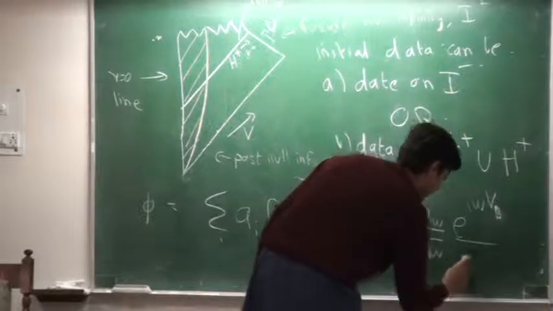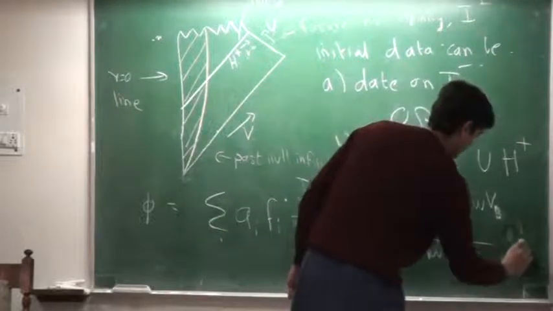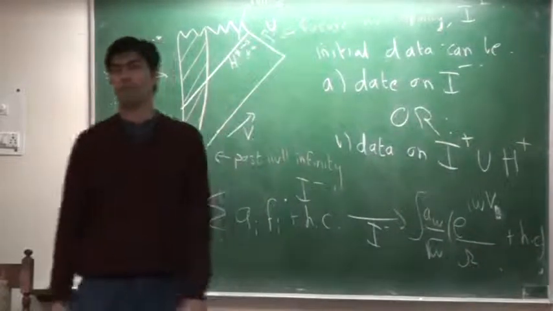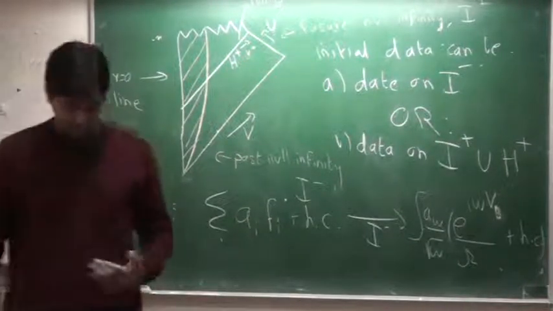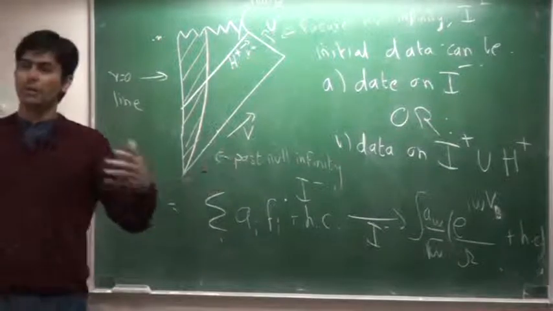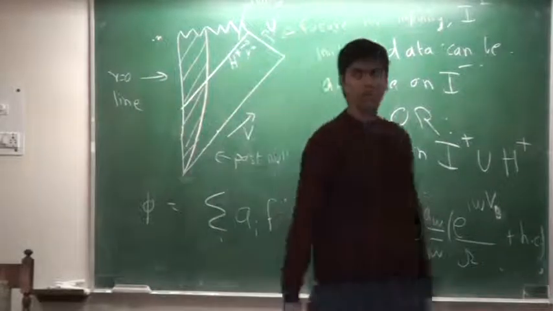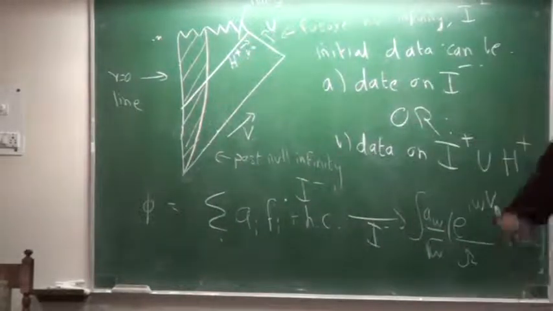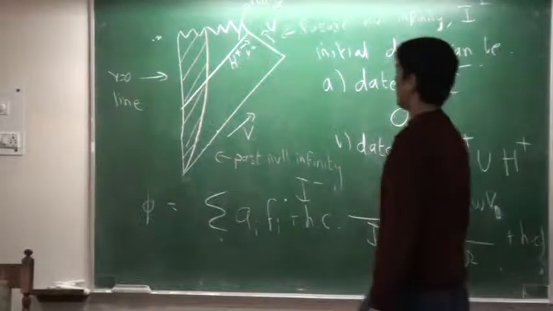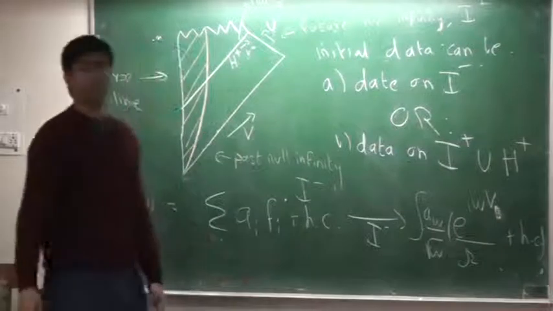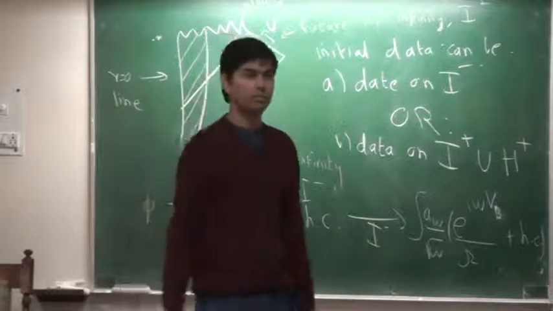Of course, there's always an r that enters these spherical waves. So you can specify data for the fields by specifying ingoing particles coming in at past null infinity. So there's one expansion for the field that basically says you have some particles coming in from past null infinity, and so that tells you that they have some oscillations here. And you can specify what those oscillations are. Okay, is this good?